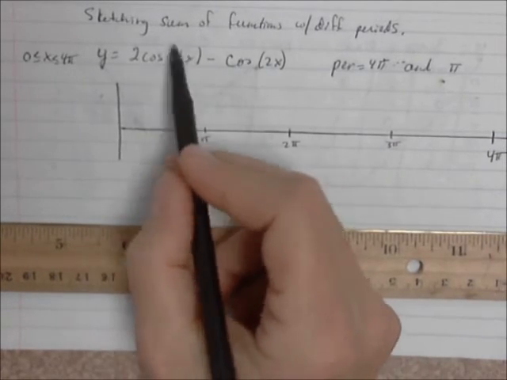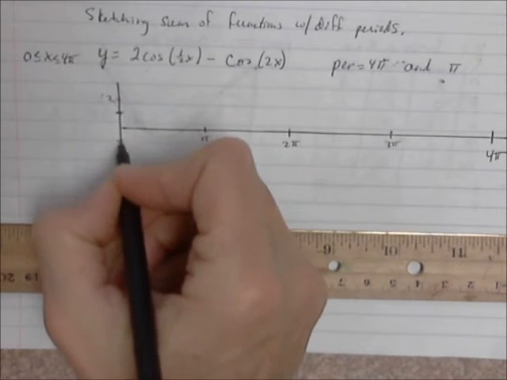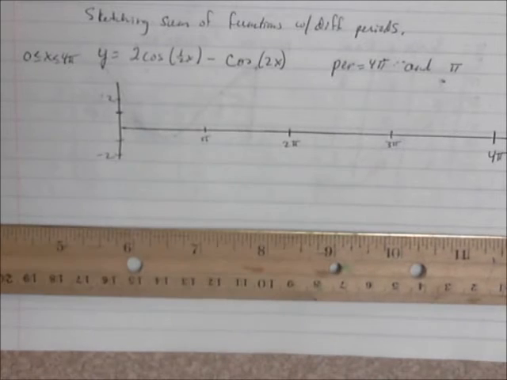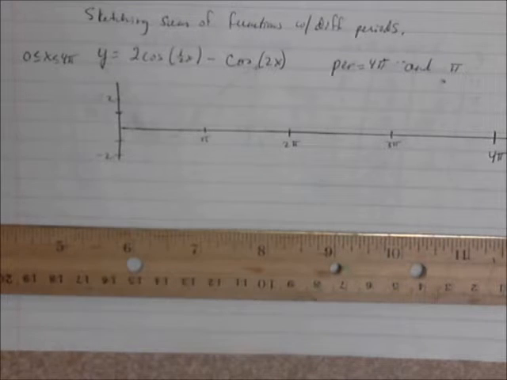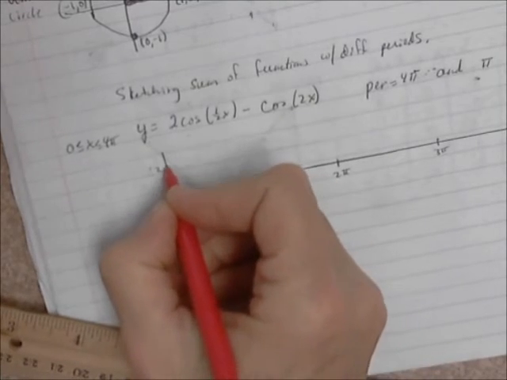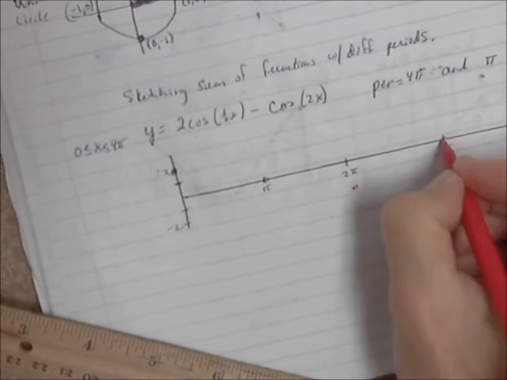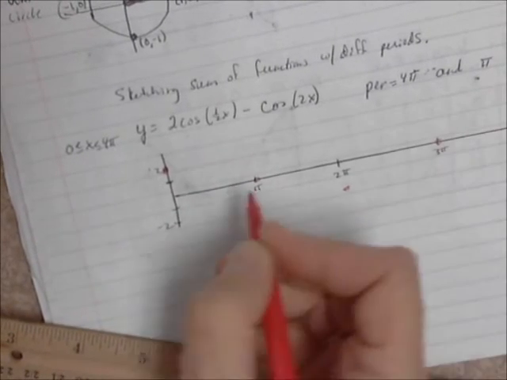So we'll sketch 2 cosine of a half x first. So go up to 2 and down to -2. I'll sketch that out, see what that looks like in red. So it starts out, cosine starts out at the top, middle, bottom, middle, top.